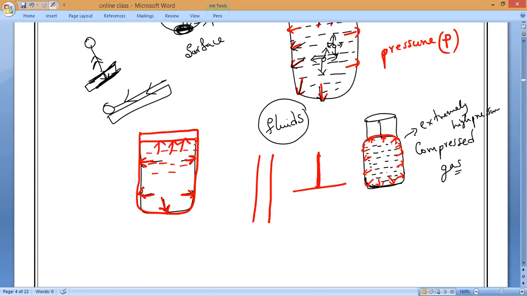So that is the first property of fluid pressure. Remember, at any point where the fluid is in contact with the surface, the pressure exerted by the fluid is always directed perpendicularly to the surface. Is it okay, guys? All of you understand?